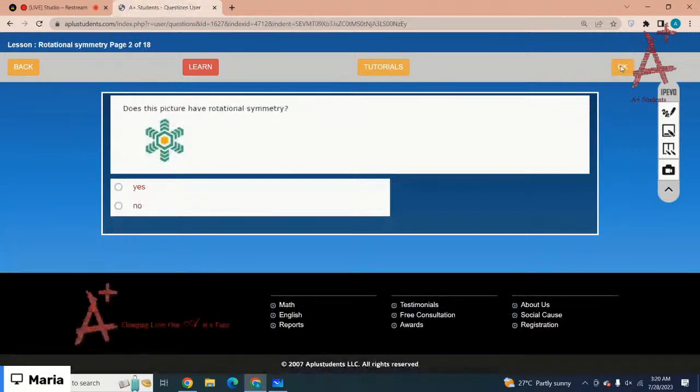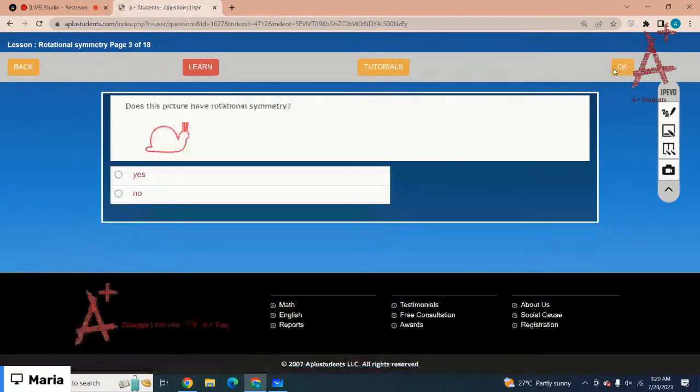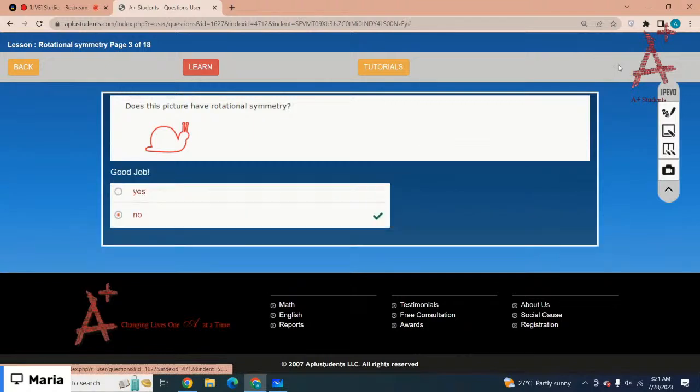Okay, does the picture have rotational symmetry, which is the correct option? Yes, the correct option is yes. Okay, does this picture have rotational symmetry, which is the correct option? Yes or no? The correct option is no. If you move the image along one half turn or one fourth, it will not be the same.